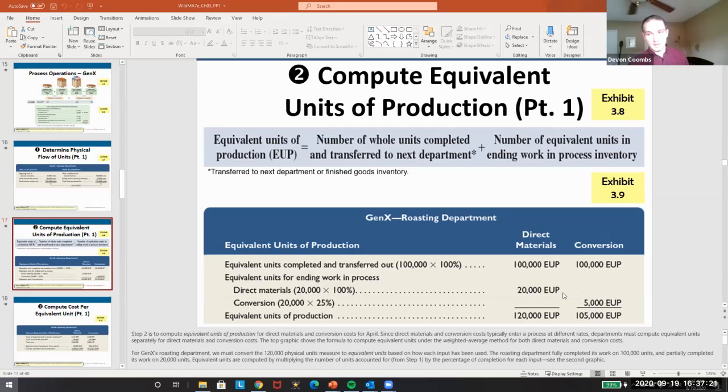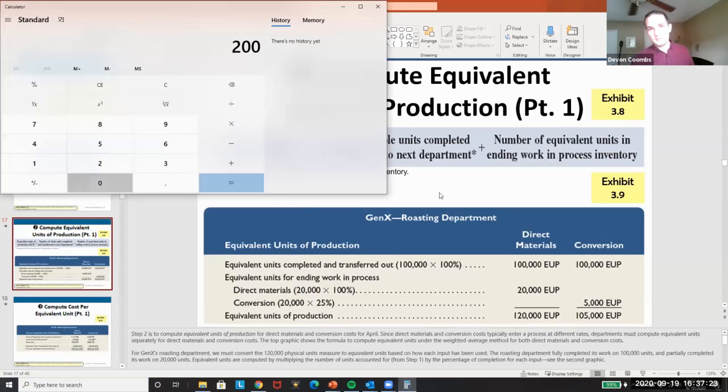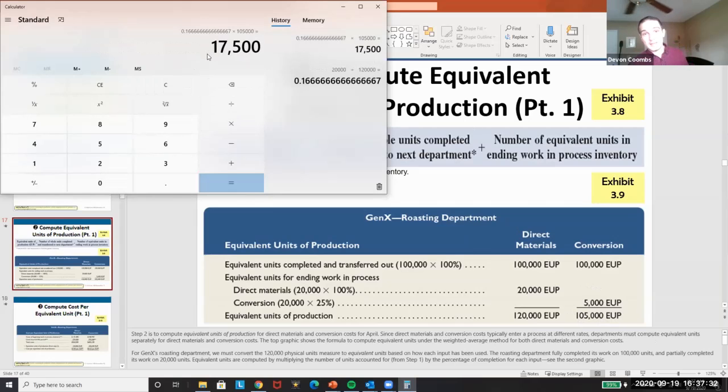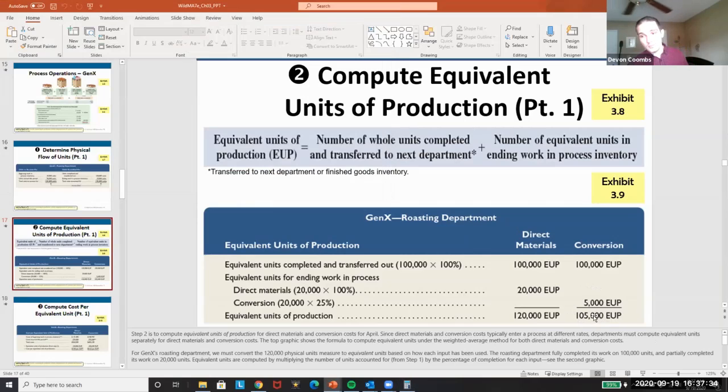Then I would take the 20,000 divided by 120,000, that's our total units, and times 105,000, and I'd apply that 17,500. We still have 15,000 units left which we need to allocate costs to, so I'd hold those costs to the next department or the next cycle.